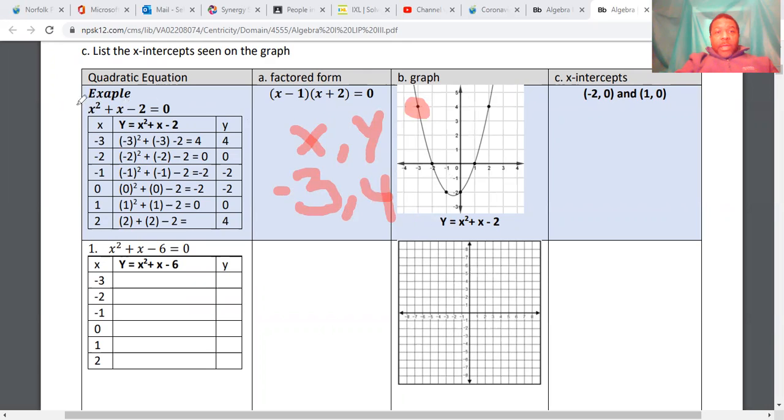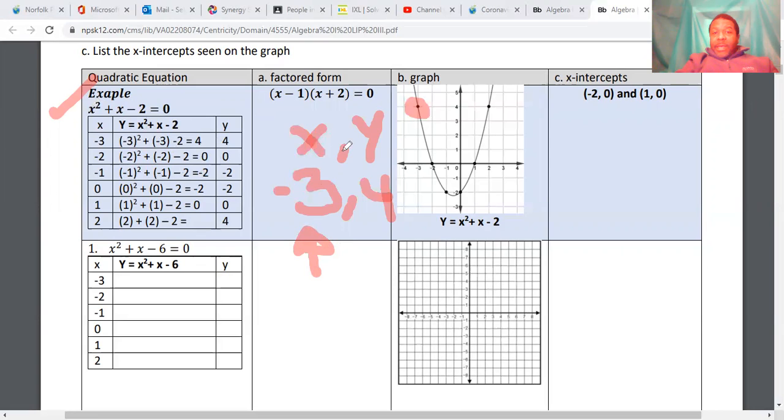Now, in this equation here, it's x squared plus x minus 2 equals 0. Remember, this is the x number here. So if we put -3 wherever you see an x, then this equation would happen.